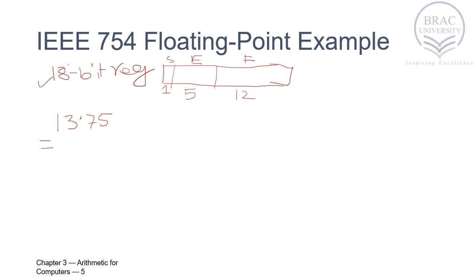So the binary of this one is 1101.11. This is the binary representation of 13.75. Next, we will be representing it in a normalized form, which is 1.10111 into 2 to the power 3.